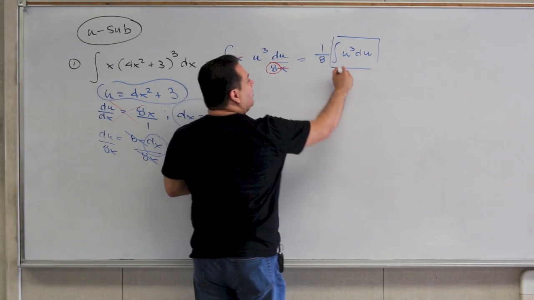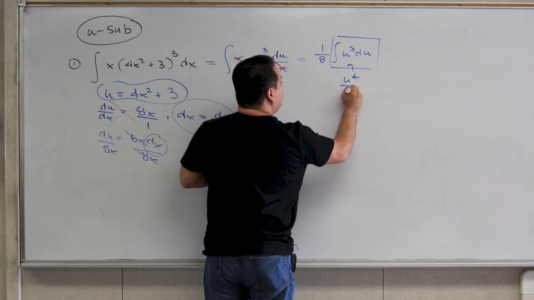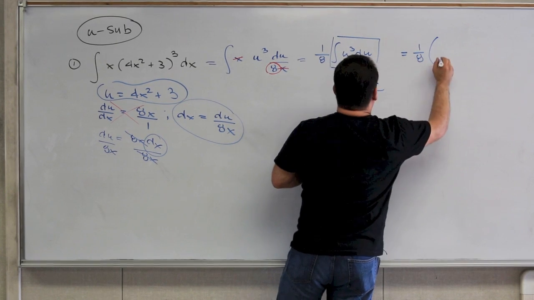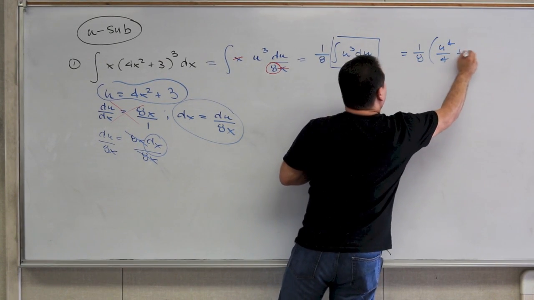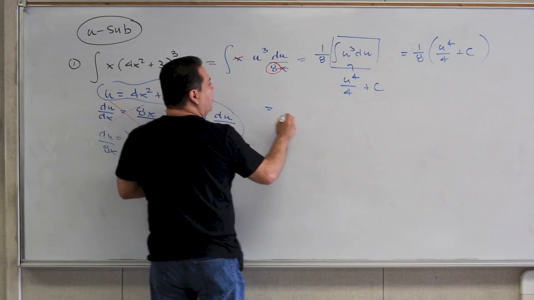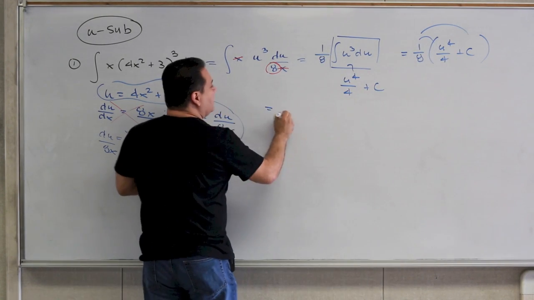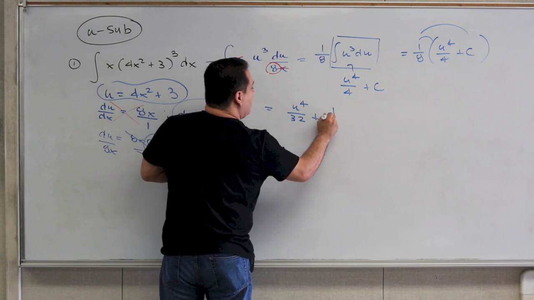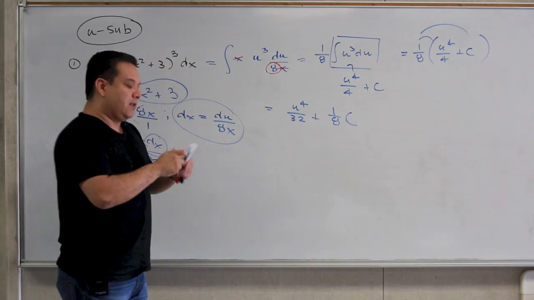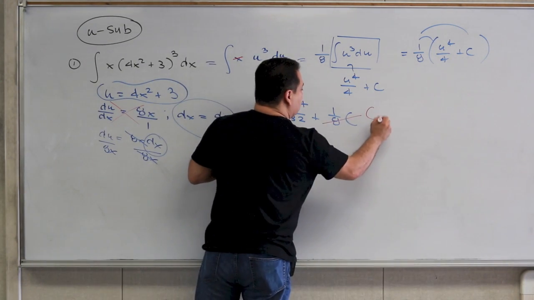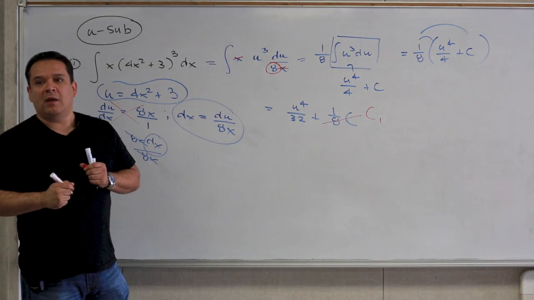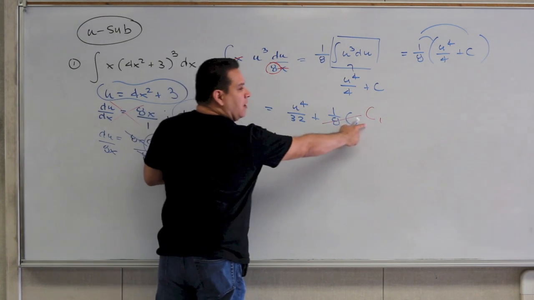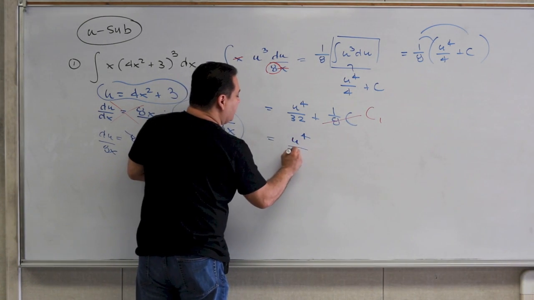The power rule here gives U to the fourth over 4 plus C. So this gives you 1/8 times U to the fourth over 4 plus C. Like we talked about before, you distribute that, and you get U to the fourth over 32 plus 1/8 C. Sometimes people say that's a different constant, so they put a subscript 1, but you know it's just a constant, so you can say it's U to the fourth over 32 plus your constant C.